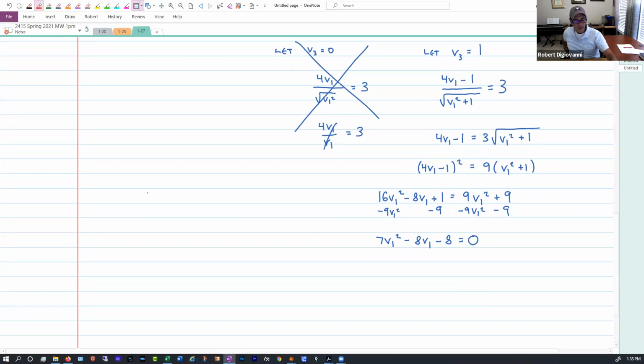Which basically looks like this. This is essentially what we have. You're just thinking more of a college algebra mind. It's just a quadratic equation, right? It's just our variable is v1 instead. So I can use the quadratic formula to solve this. My solutions will be v1 equals, using the quadratic formula, which I'm sure you all know, negative b plus or minus the square root of b squared minus 4ac all over 2a.